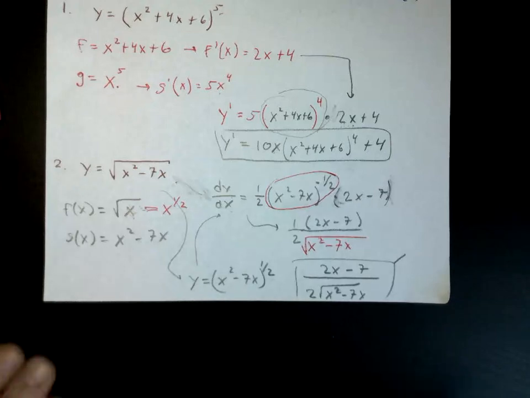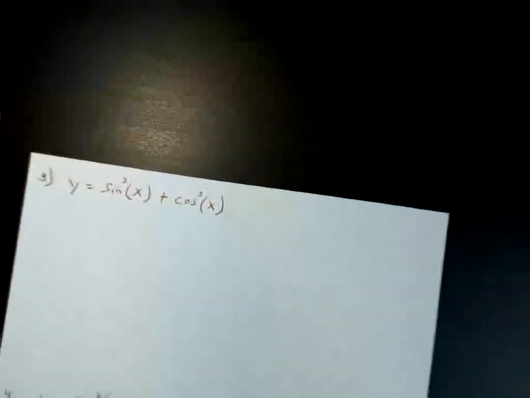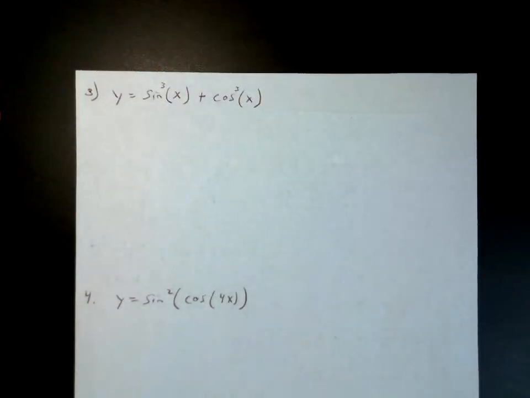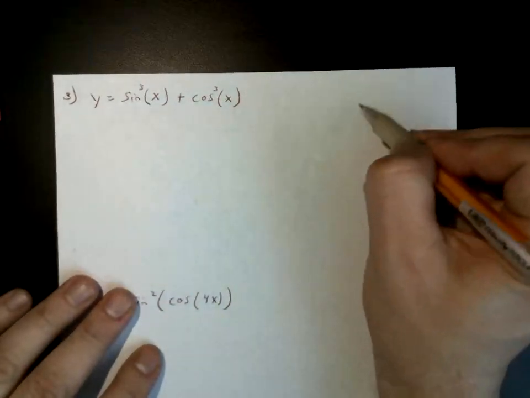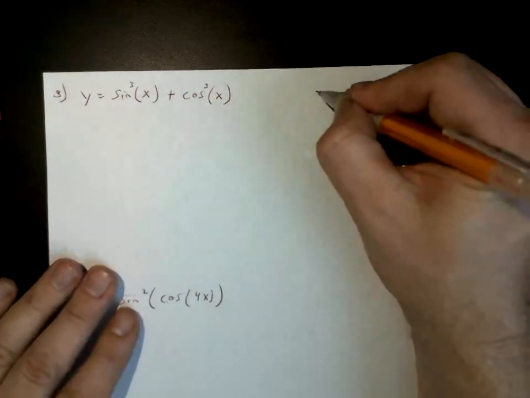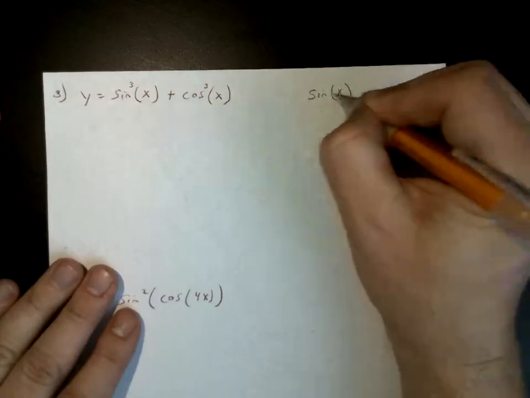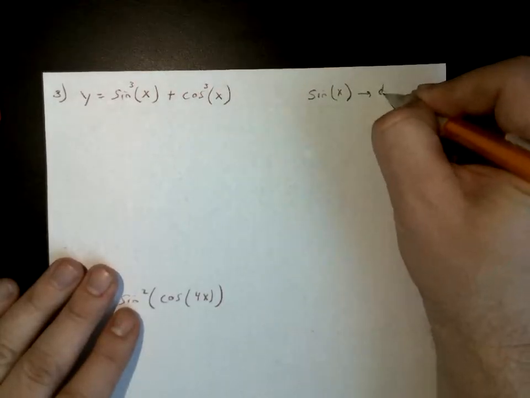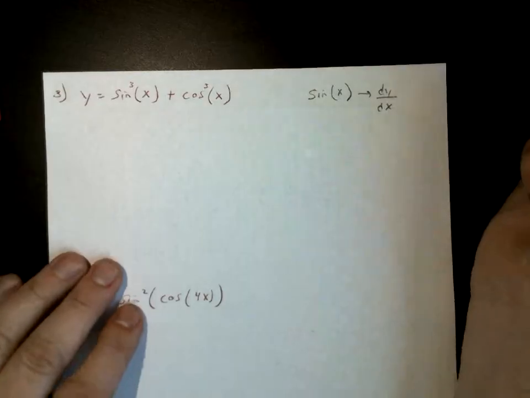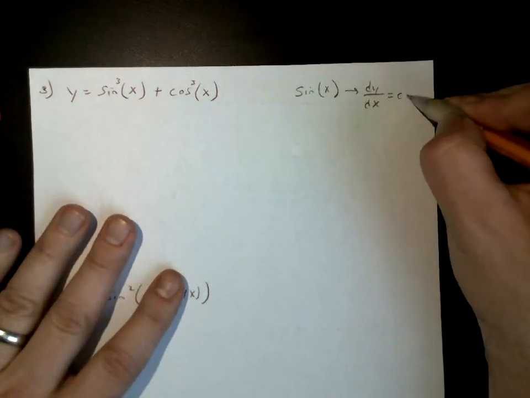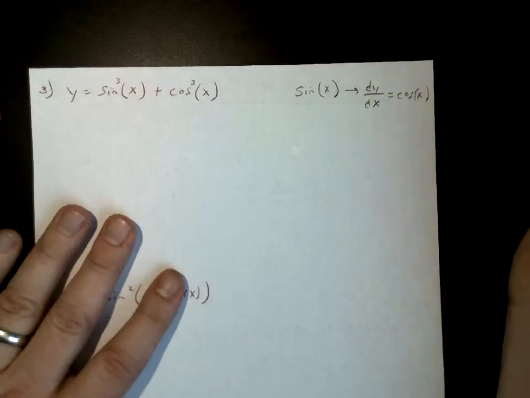All right, let's do another one here. What if you do something with some trig? So it's the same procedure. Don't freak out, but you might want to write a little note over here just in case. So for example, we have sine of x, and its derivative is going to be cosine.